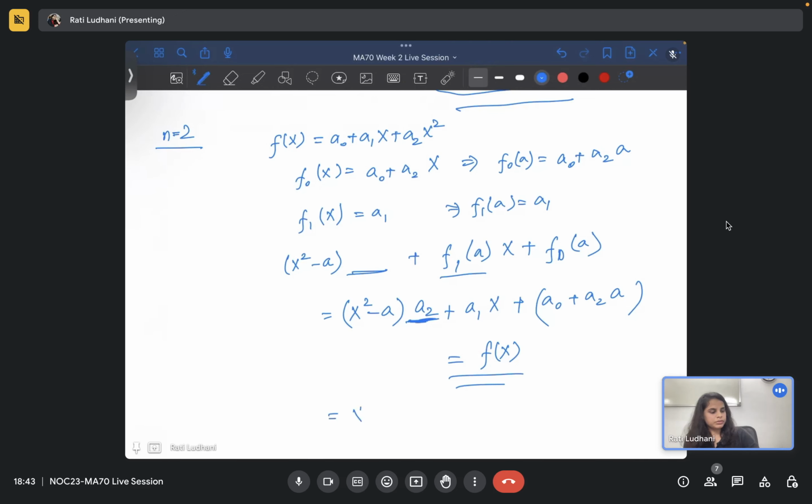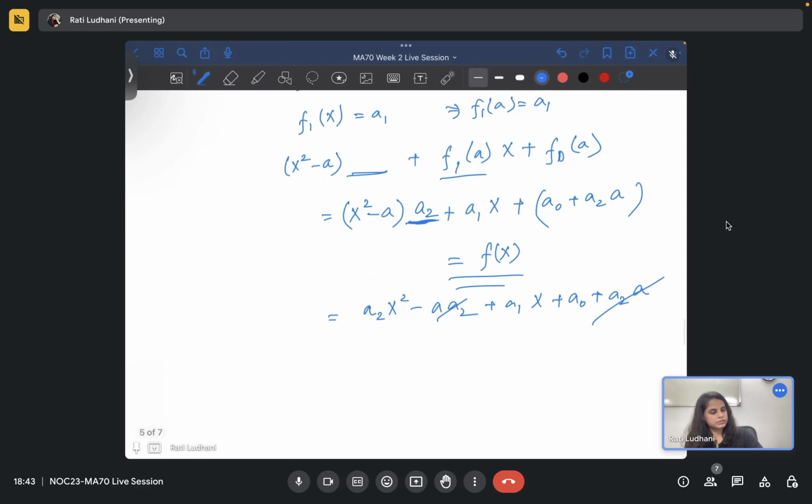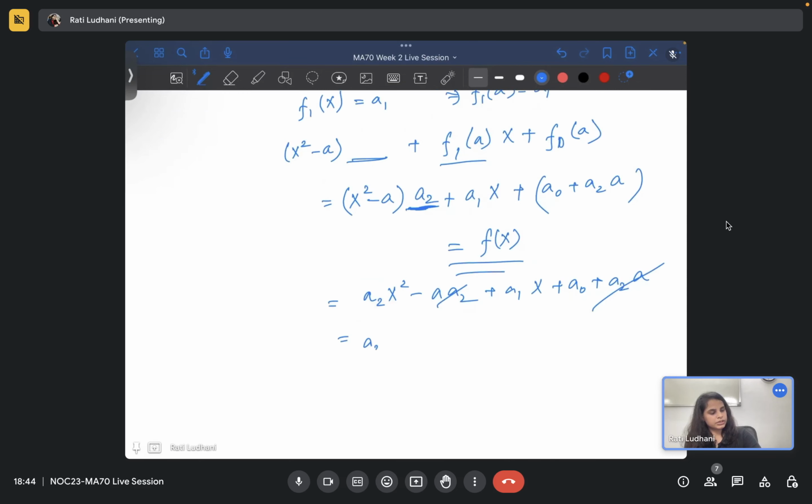Then what will happen? You will get a2(x² - a) + a1x + a0 + a2a, and this will get cancelled, and you will get just a2x² + a1x + a0, which is your f(x) only. And this is a unique expression.